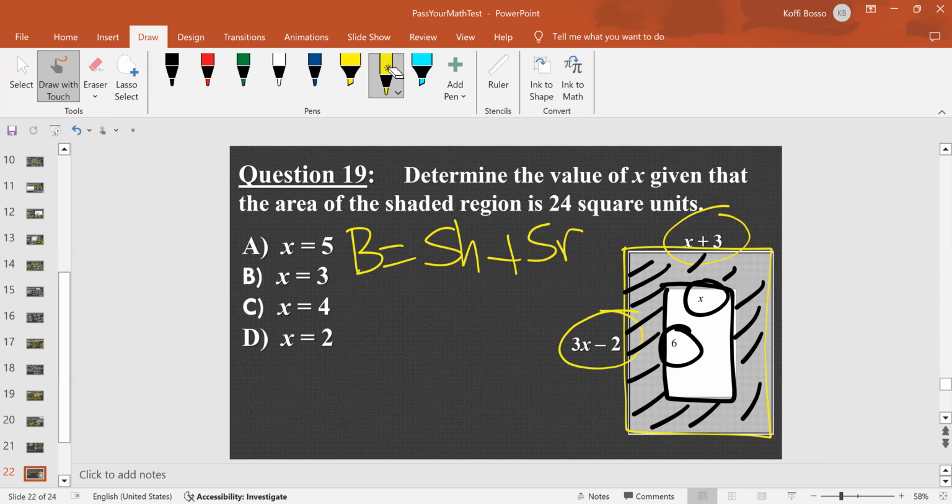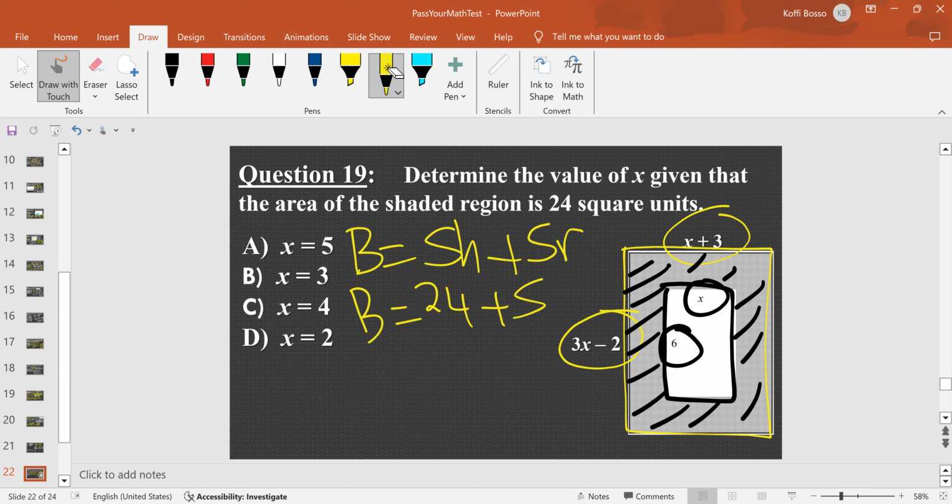Because we know the area of the shaded part, the big rectangle is going to be 24 plus the area of the small rectangle, which we don't know yet. But we want to find the value of x.